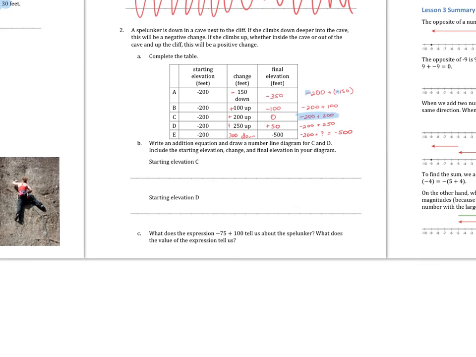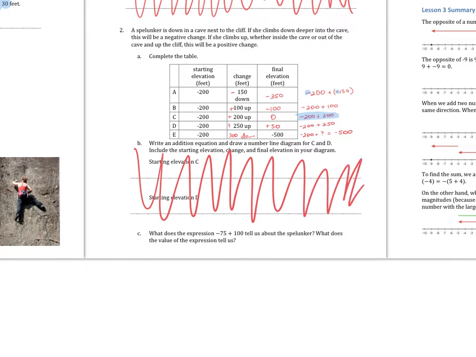All right, we're going to skip B and take a look at C. So C says, what does the expression negative 75 plus 100 tell us about the Spelunker? And what does the value of the expression tell us?